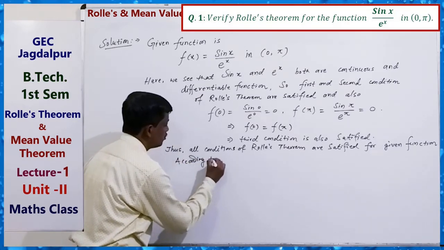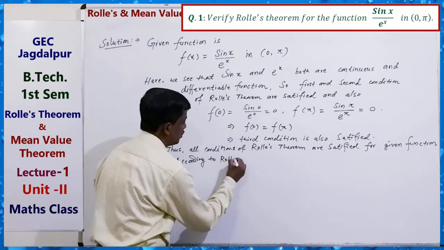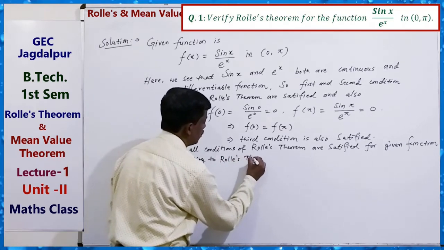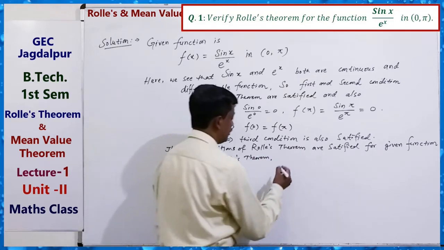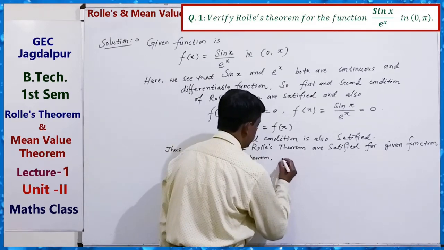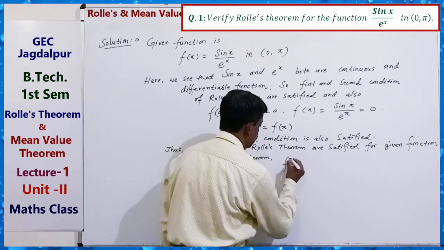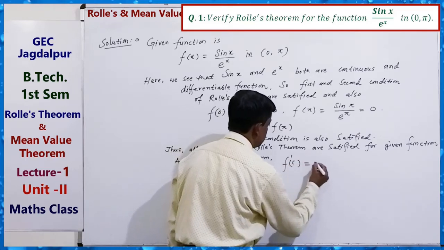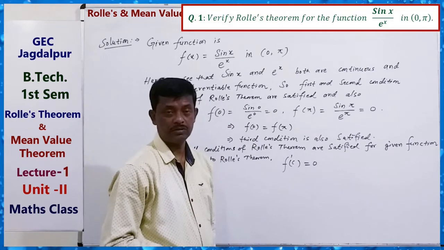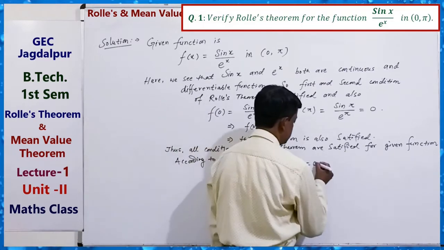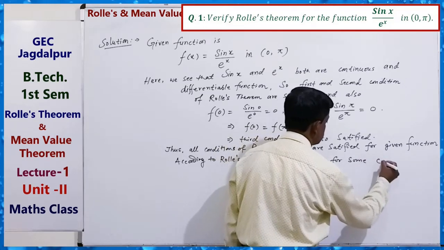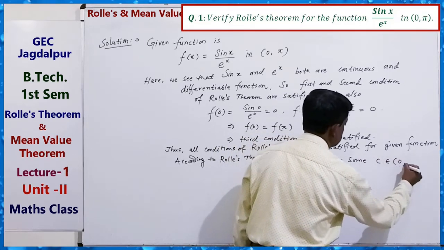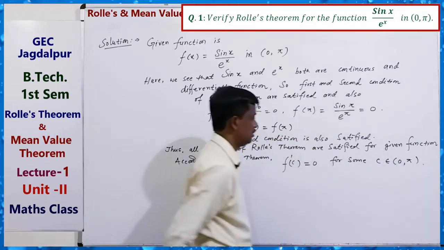According to Rolle's theorem, f dash c equals to 0 for some c belongs to (0, pi).